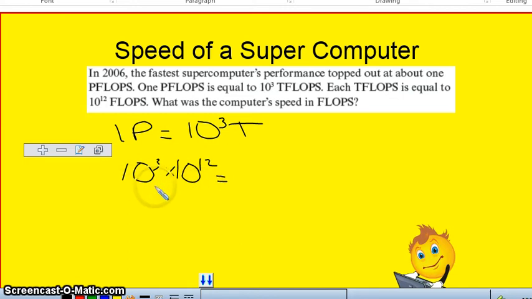And because we have the same base, we can find the answer by simply adding their exponents. So this is 10 to the 3 plus 12. 3 plus 12 is 15. The speed of the computer in flops, or f, is 10 to the 15th.